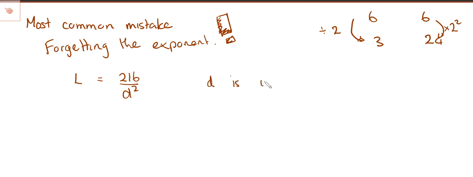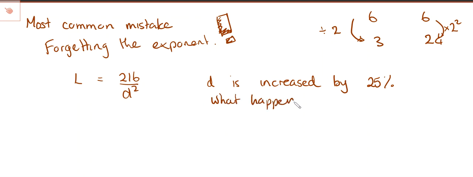D is increased by 25%. What happens to L? Any guesses? Yeah. Increased by 25% squared. Makes sense. What's 25% squared?